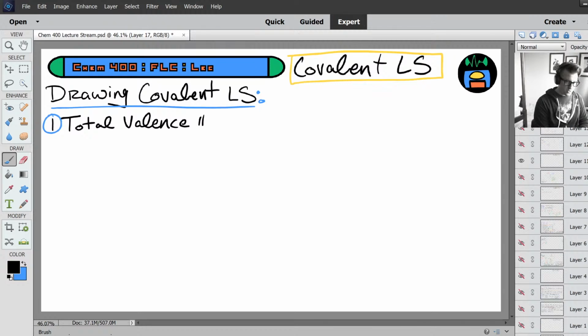You need to total up how many valence electrons you have to spend in the molecule. Step number 2 is select a central atom.